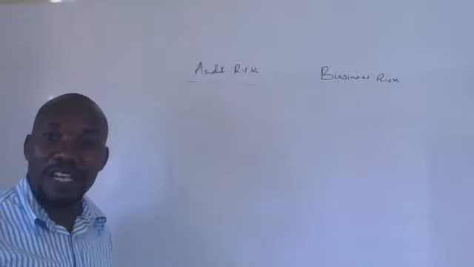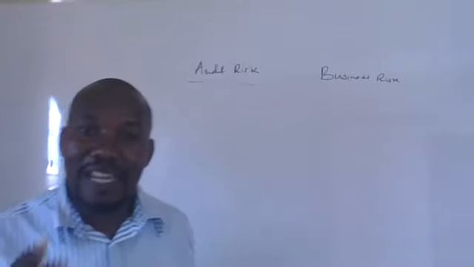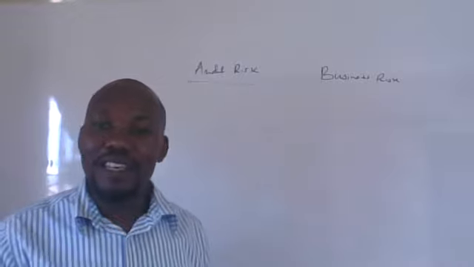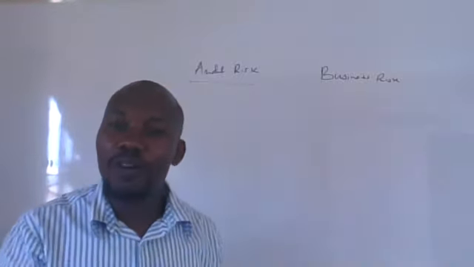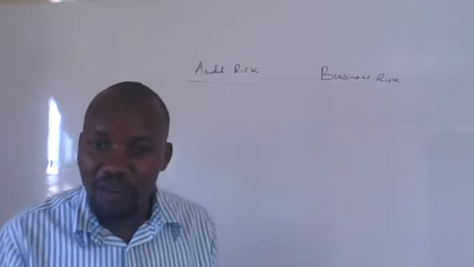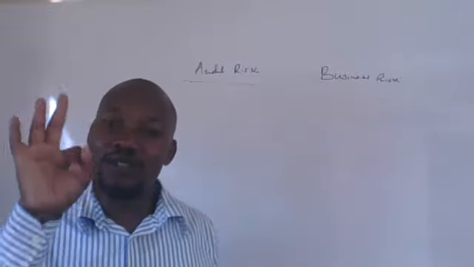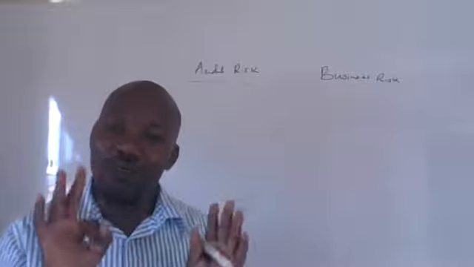Once you hear audit risk, think about those 3. Even if they give you a case study at your level, they will tell you, you see there's a case study like this. Can you identify and tell us how the auditor will manage or deal with or identify the audit risk? Once you hear audit risk, just know that there are those 3, find what you can get in the case and how you will deal with them. But there are only 3.